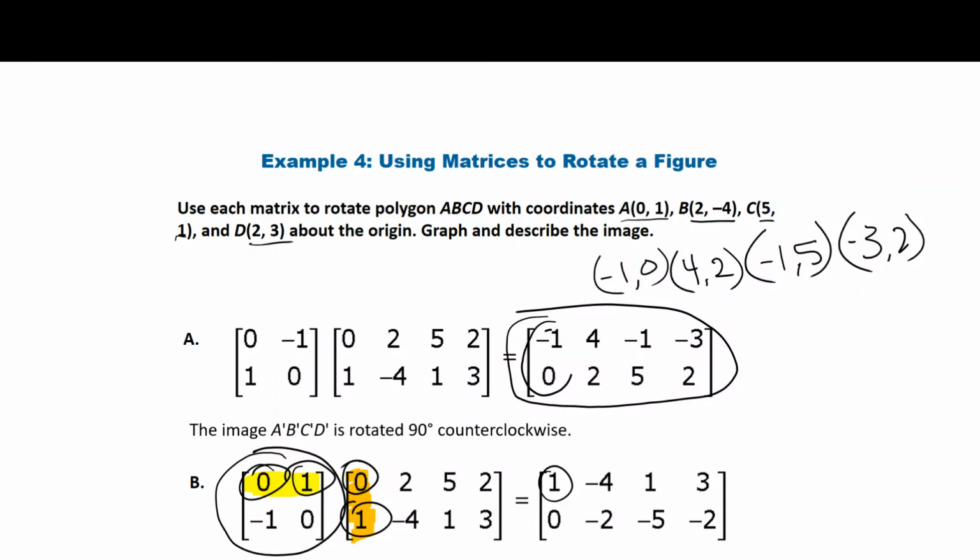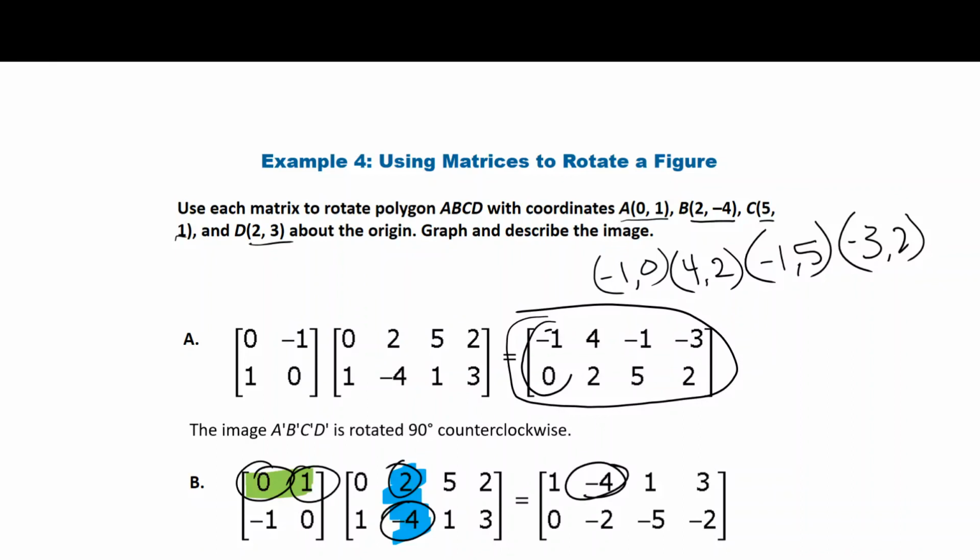All right. And again, it's very long, but you just have to stay very organized and keep track of what you're doing and where you are. Okay, the first row, now we're going to deal with our second column. All right, 0 times 2 plus 1 times -4 is a -4.